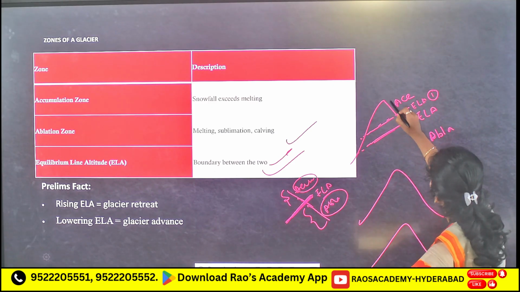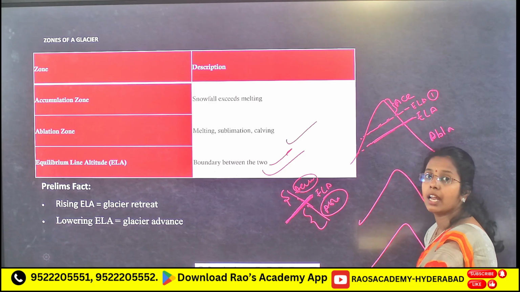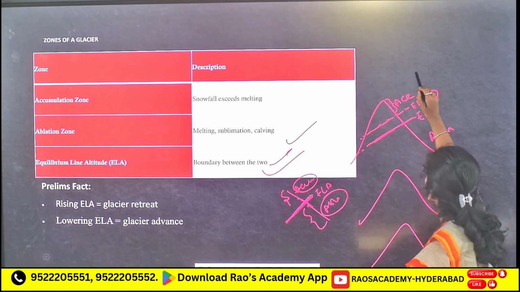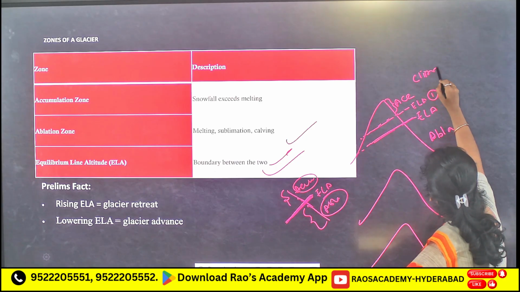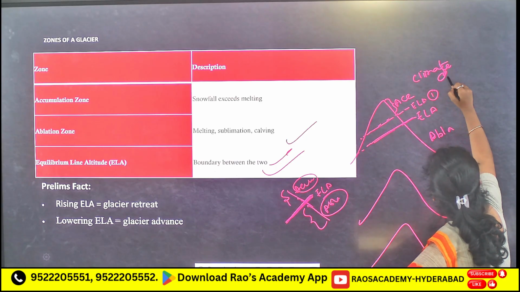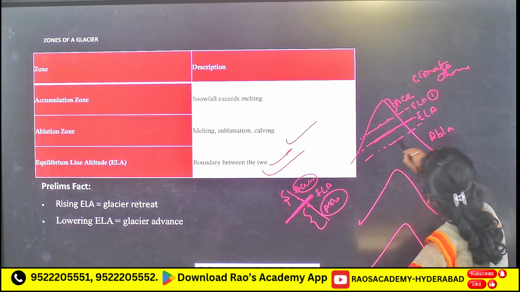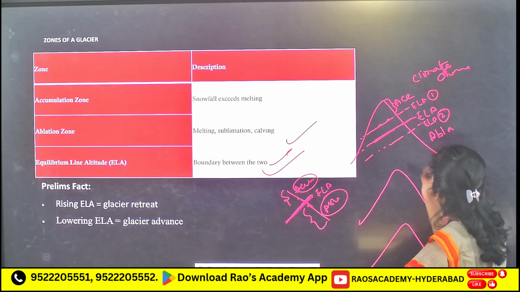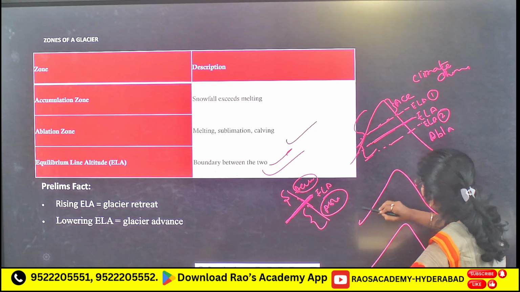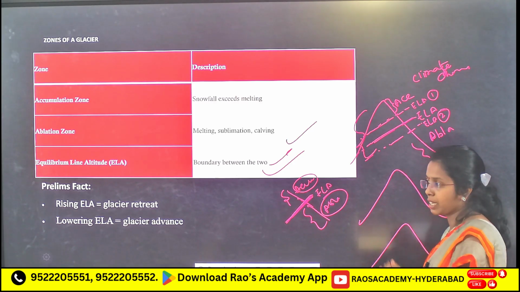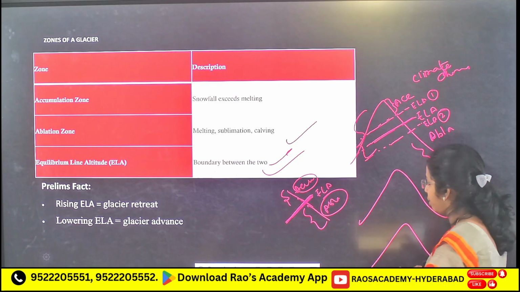Rising ELA means accumulation is less, means glacier is retreating. In climate change you can use this point. Now, advance ELA, ELA 2 means accumulation is more than ablation, means glacier is advancing.